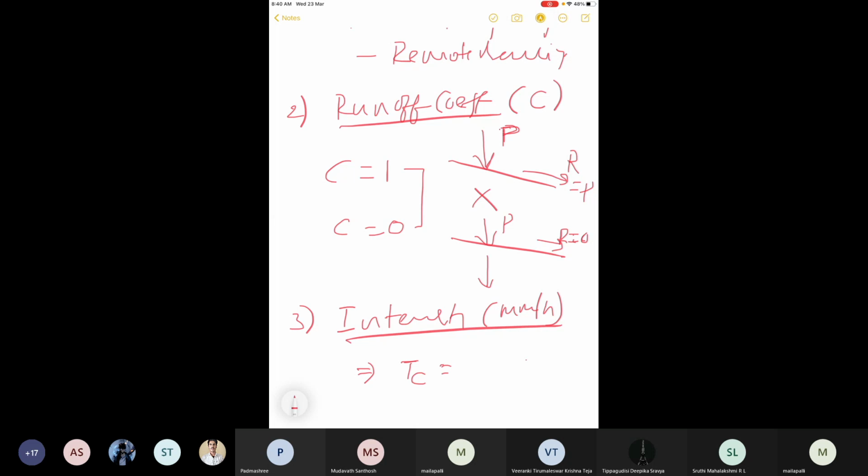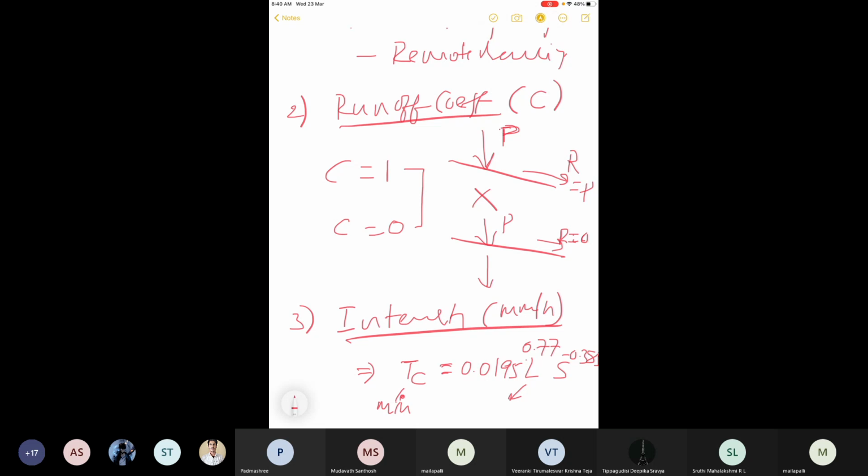Either you can use the table, or you can use a well-known formula, that is Tc = 0.0195 L^0.77 S^-0.385, where Tc is the time of concentration in minutes. If you don't have the table, you have to use this formula.